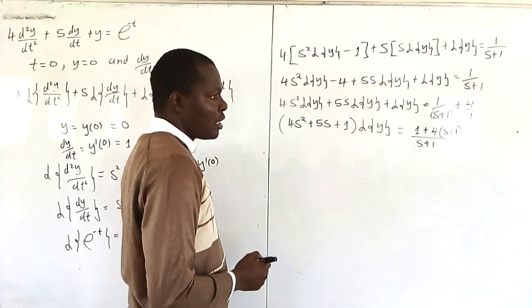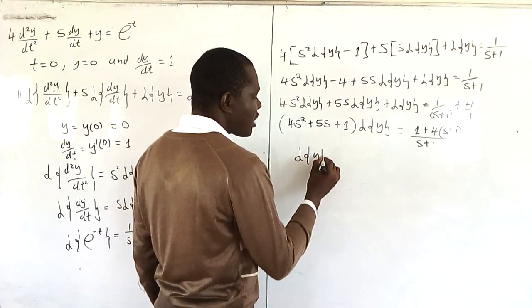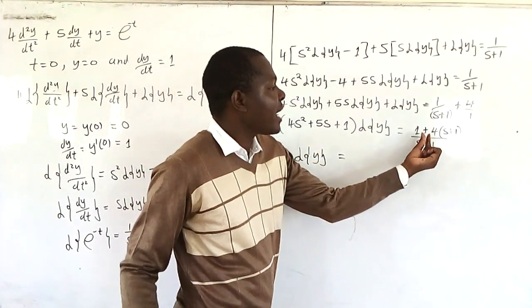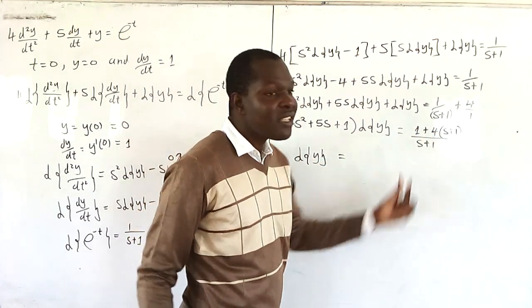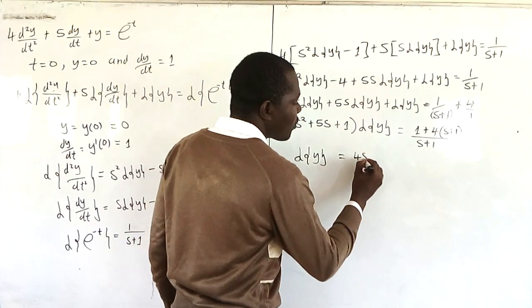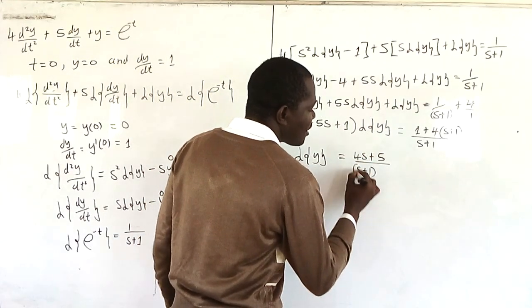Are we together? Yes. So the next step is to open the bracket. If you open this bracket, you get 4s plus 4, and 4 plus 1 is 5. So we're going to have 4s plus 5 over s plus 1.